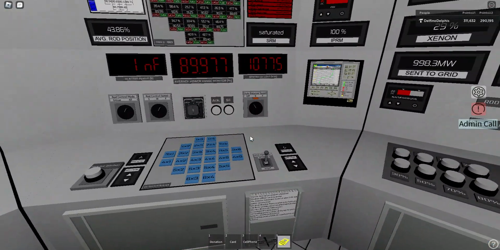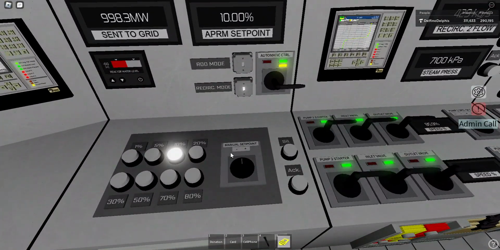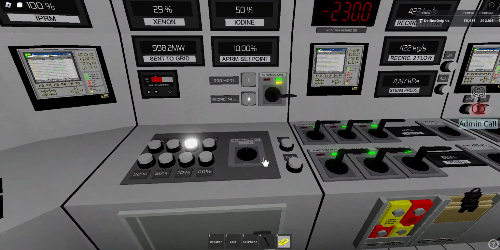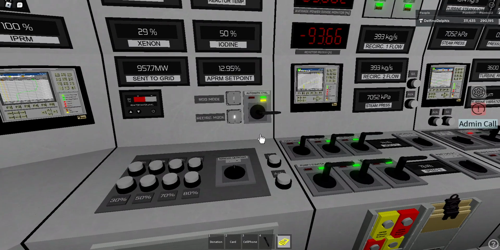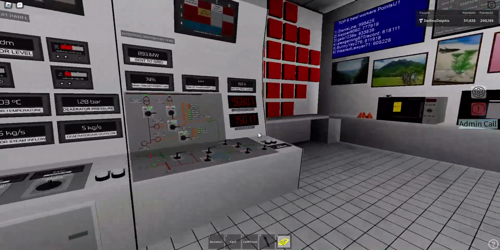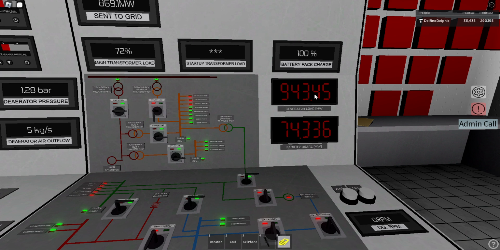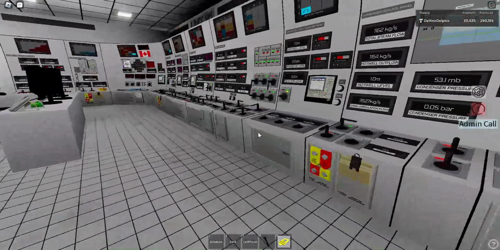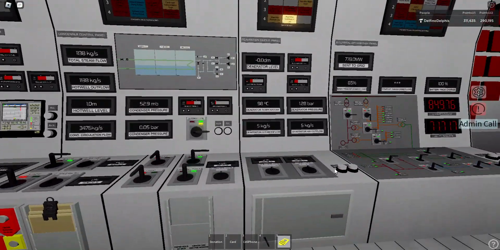So basically you want to go to 10% of power, maybe a little more, let's say 13. And what you want to do is to match your generator load with your facility power usage. And when you do that, you can desynchronize from the network and you can continue working by yourself.